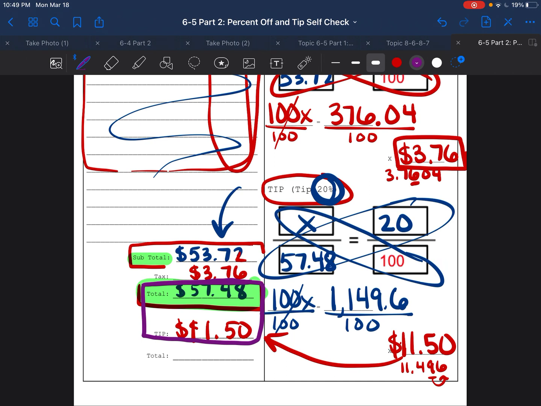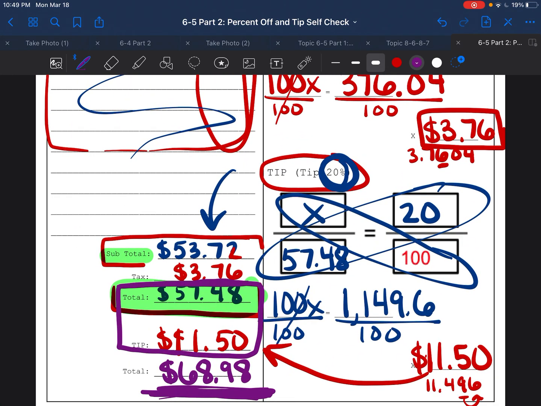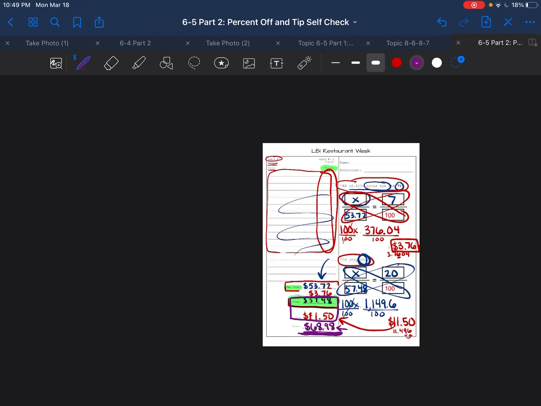And what you're leaving, whether it's on your credit card, whether it's in cash, is at least $68.98. This is the number that is the most important number of this whole activity because that's how much you're leaving. Okay. Now, again, if it's on a credit card, it's going to be that amount. If you're paying cash, you might just say, I'll give $70. Maybe you're feeling generous.